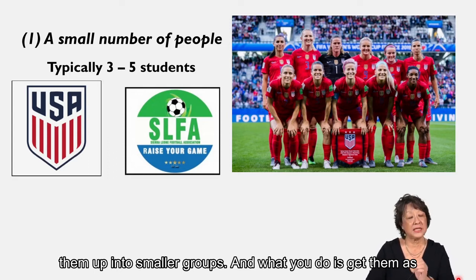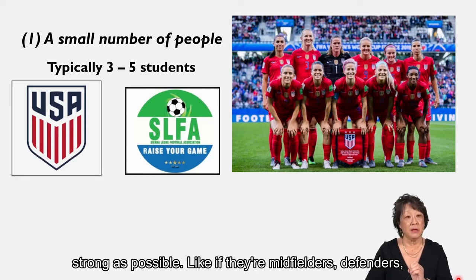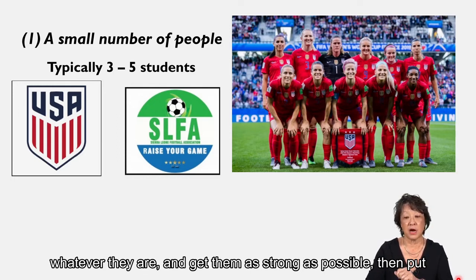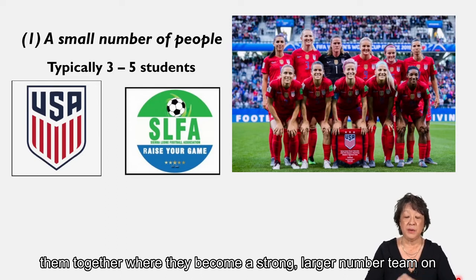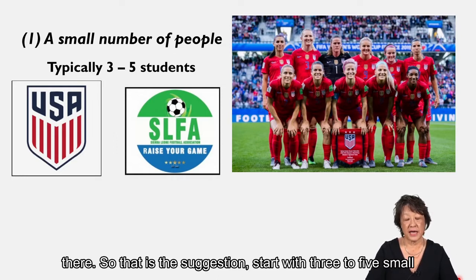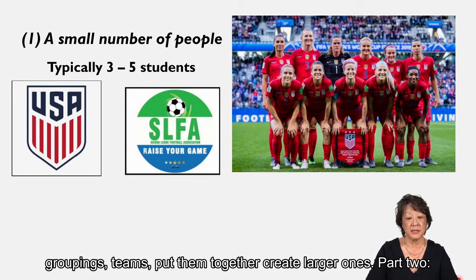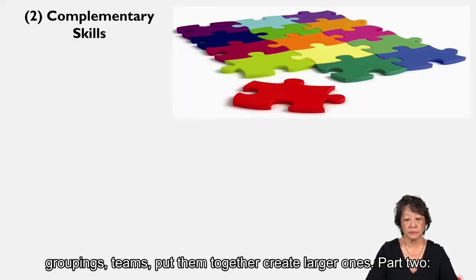Get them as strong as possible, like if they're midfielders, defenders, whatever they are, and then put them together so they become a strong, larger team. So that is the suggestion. Start with 3 to 5 person small teams, then put them together to create larger ones.